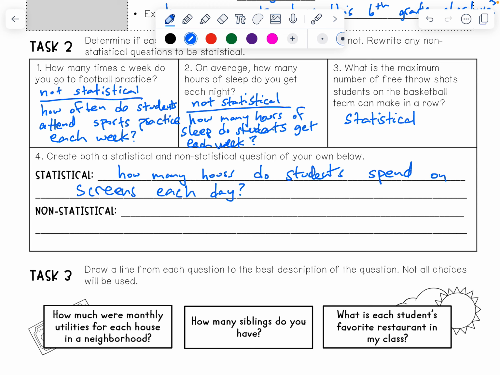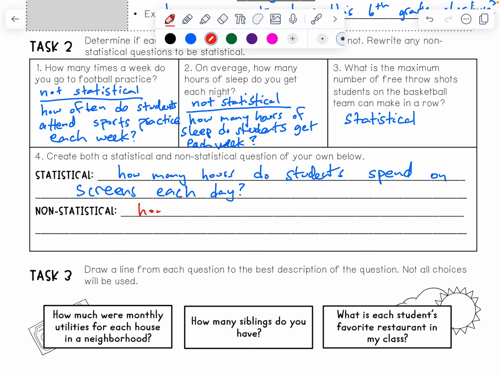So how do I make it non-statistical? I could say, how many hours do you spend on a screen on average each day? I could even make it simpler, like how was your day? That's not really a statistical question, but let's keep it related.